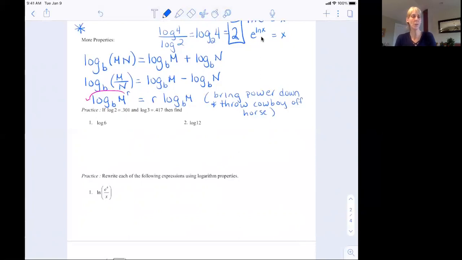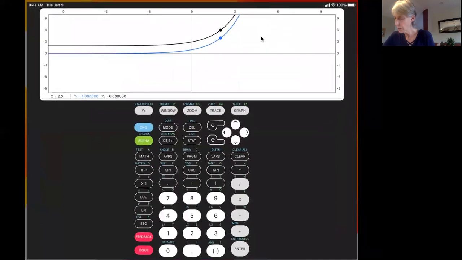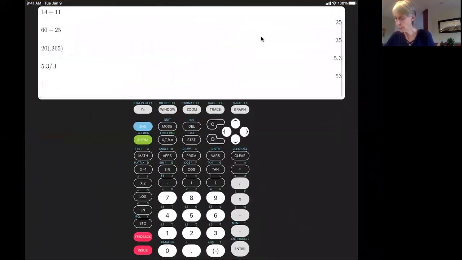So let's say I'm given this information. Log of 2 equals 0.301. I'm going to take a moment right here and go into my calculator. If I evaluate log 2, remember, when I hit the log, that's really log base 10, and hit enter, I get 0.301 as my answer.